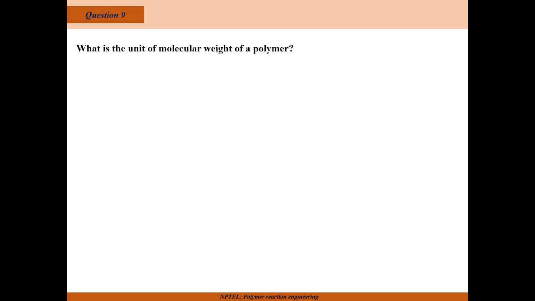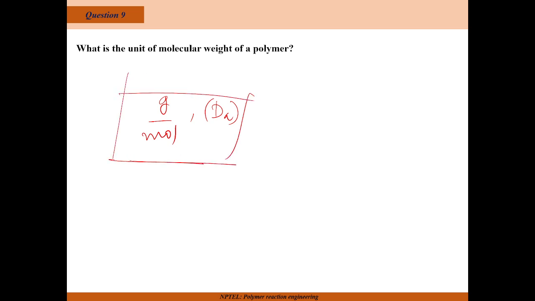The molecular weight is very similar to organic chemistry, where in the same way we generally talk about gram per mole, or we can also consider Dalton. These two are the general units that we talk about.